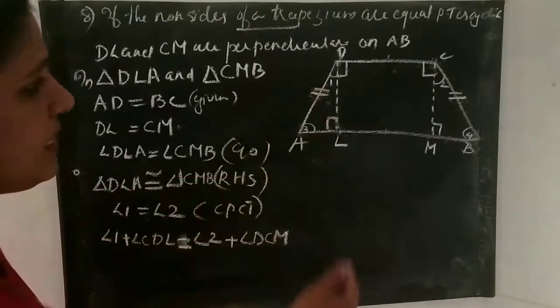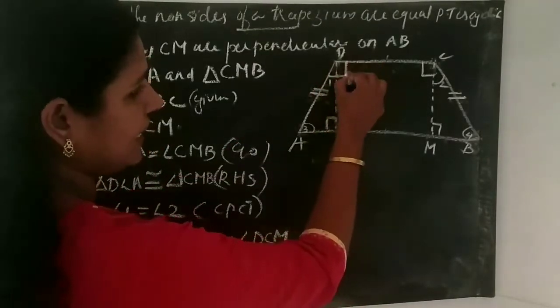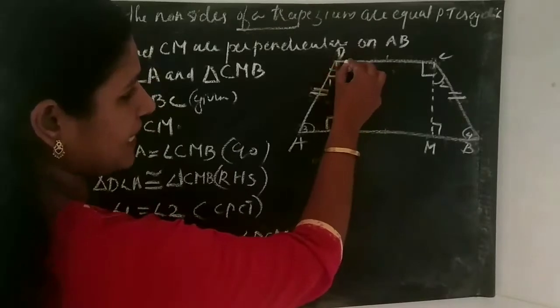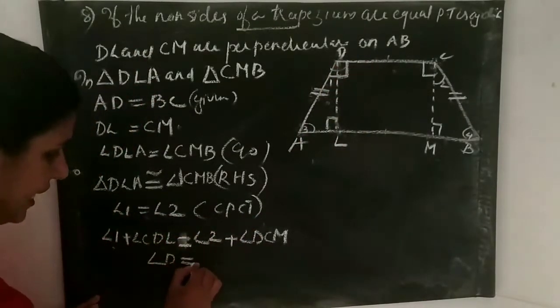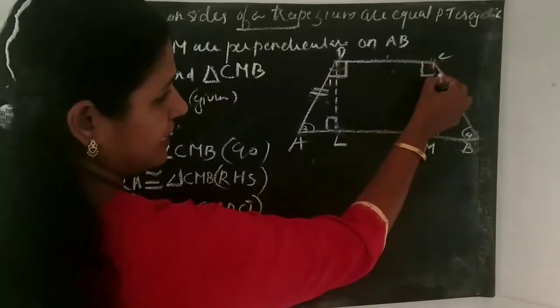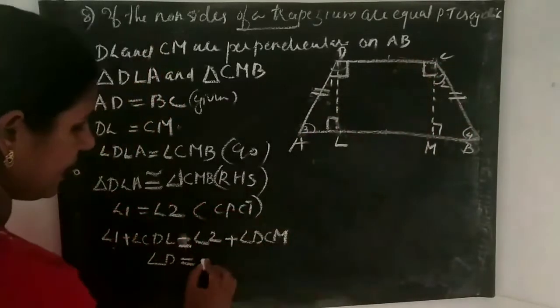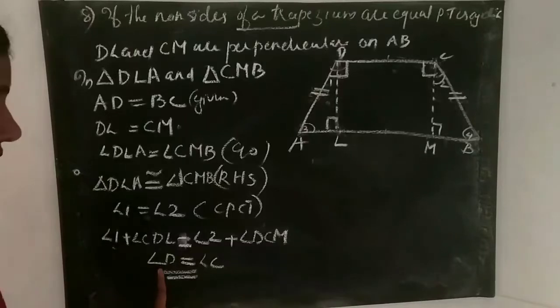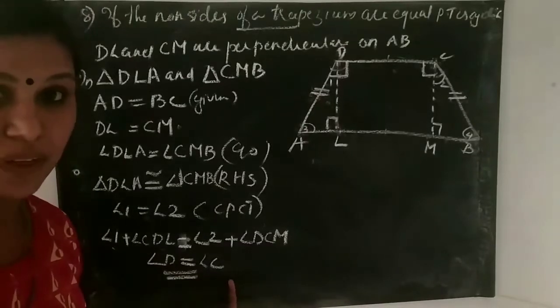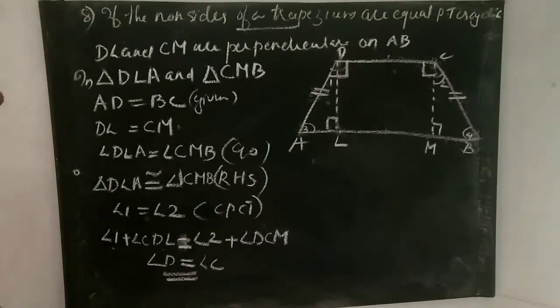Okay, now angle 1 plus angle CDL we can write as angle D, and instead of this we can write angle C. Angle D equals angle C. Okay, angle D equals angle C.